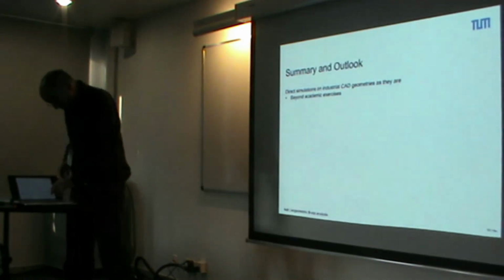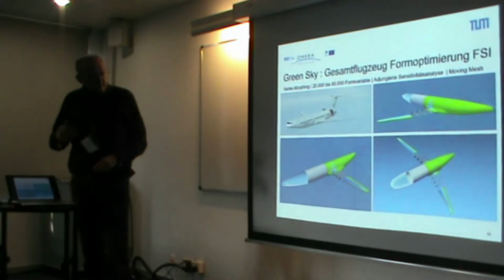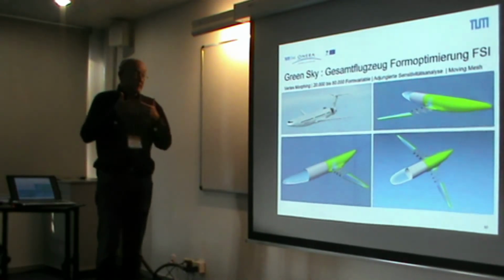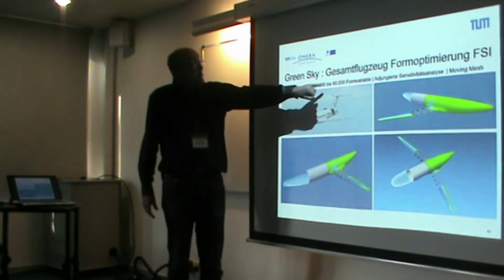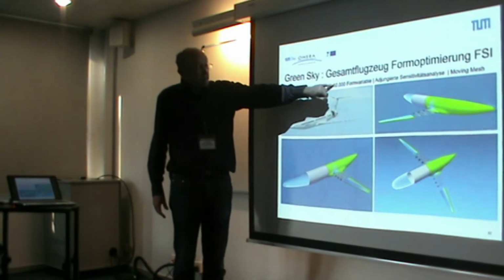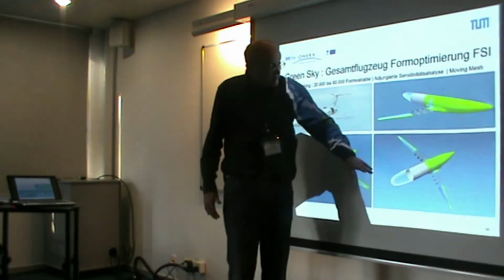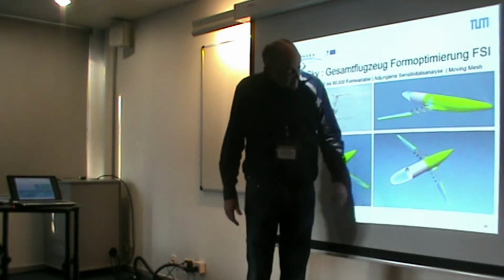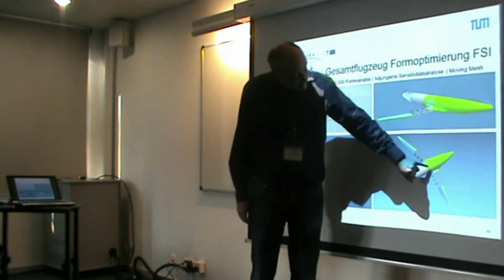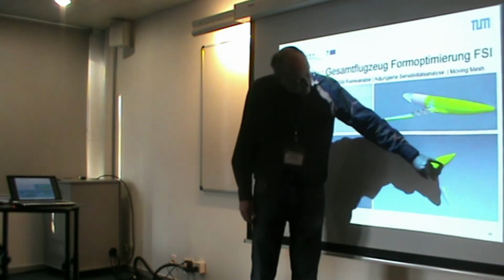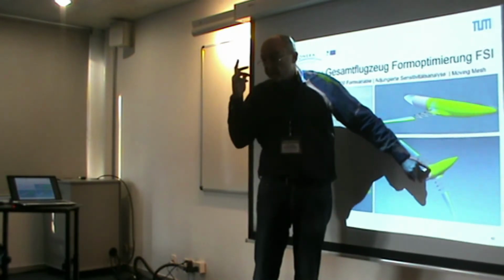I would like to end with this figure showing what we're doing together with Honda for the shape optimization of entire airplanes. Just now, in the trial state, we have 80,000 shape variables. The optimization is done in the standard finite volume mesh, but with respect to the design, the intersection of the wing with the fuselage is the problem.